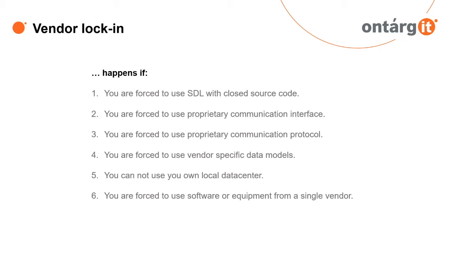And it's very difficult to choose the right equipment because there is always a risk of making the system less flexible. If you're forced to use a software development kit with closed source code, any proprietary communication interface or protocol, specific data models by vendor, or even if you are not able to use your own local data center, these all are examples of vendor lock-in problem.